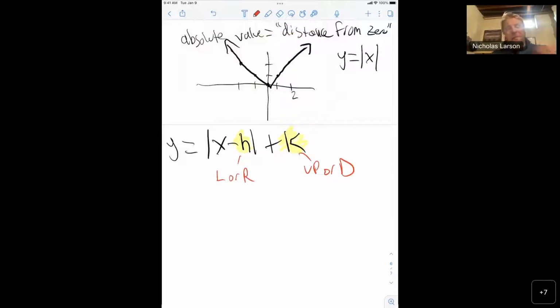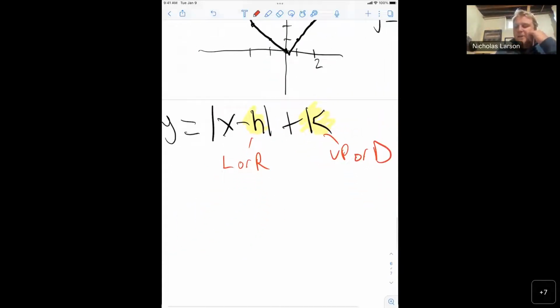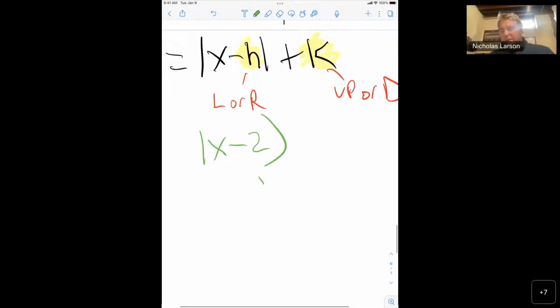Now it's probably the tricky part, but it's consistent. The standard formula is x minus h. So if I took, let's say, x minus 2, that really means, because the standard is subtracting, that this means to the right 2 units.